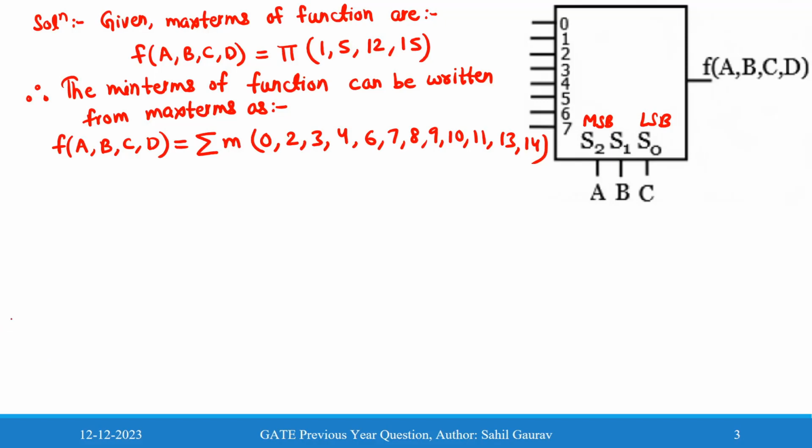We can make a table based on the select lines. So A bar, B bar, C bar, it is 0, 0, 0.